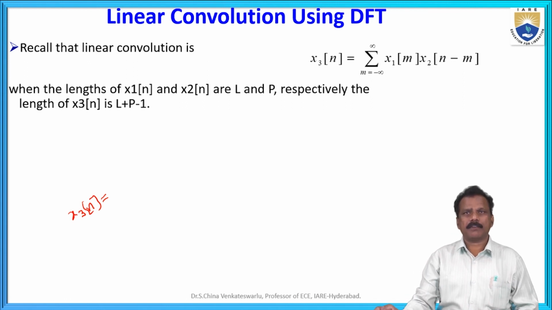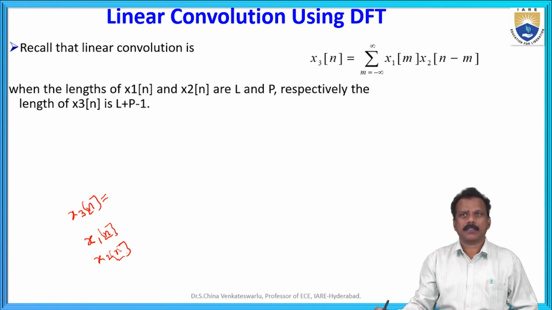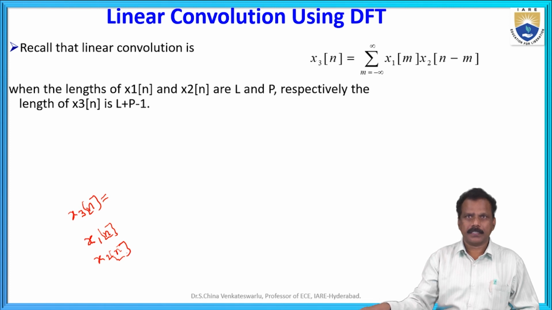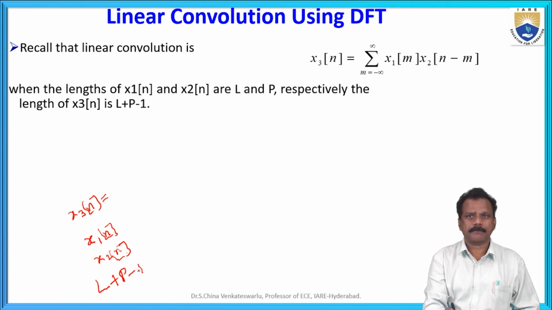When the lengths of x1 of n and x2 of n are L and P respectively, the length of x3 of n is L plus P minus 1.